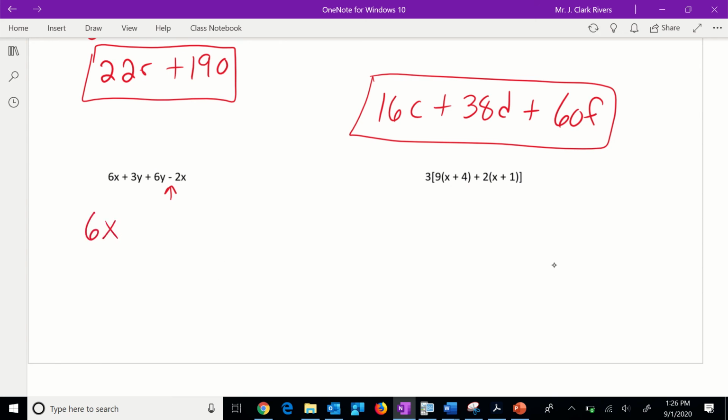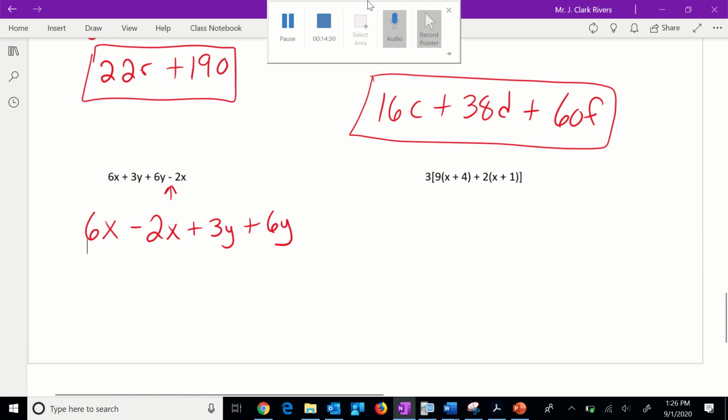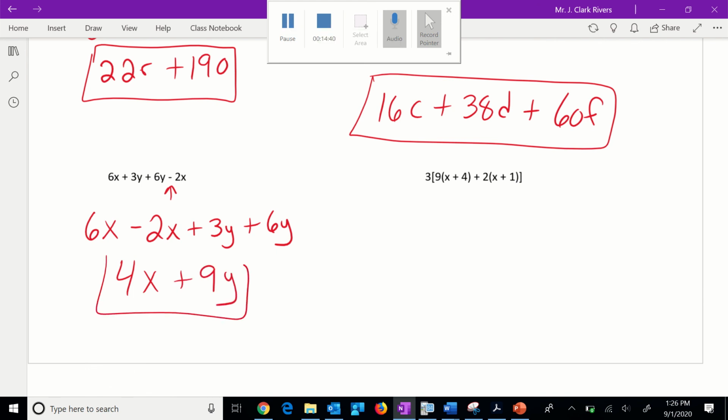If I rewrite this as 6x minus 2x plus 3y plus 6y, try that now. Pause the video. All right, we get 4x plus 9y. Can we combine these? No, we cannot. Try the last one on your own.